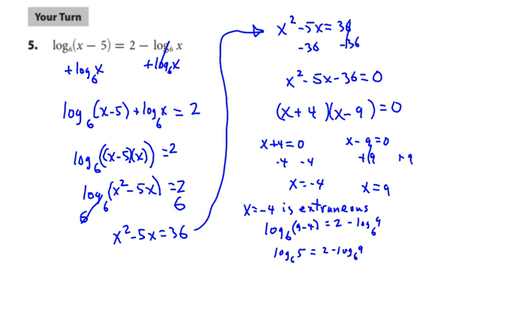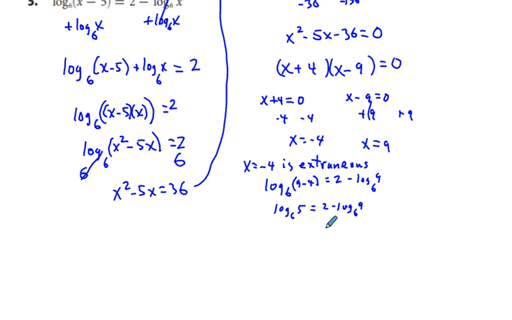And so if we add log base 6 of 9 to both sides, since we're adding here, we can take log base 6 of 5 times 9.